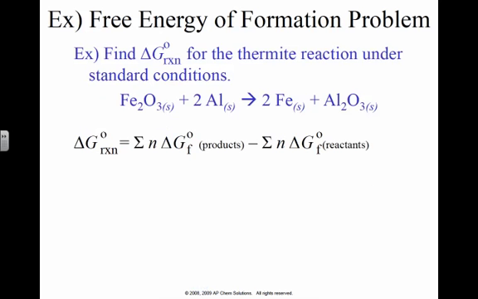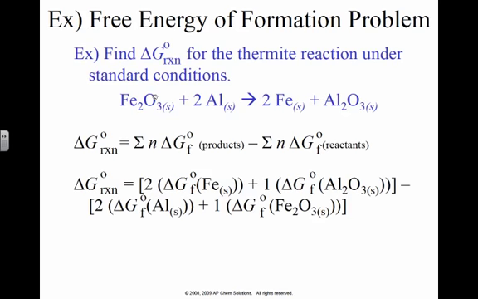So we're going to do products minus reactants. And if we're doing products minus reactants, remember this right here is going to be 0. So I look in the back of the book for aluminum oxide. Minus this right here is going to be 0. Look in the back of the book for iron oxide. So basically it's just aluminum oxide minus iron oxide.